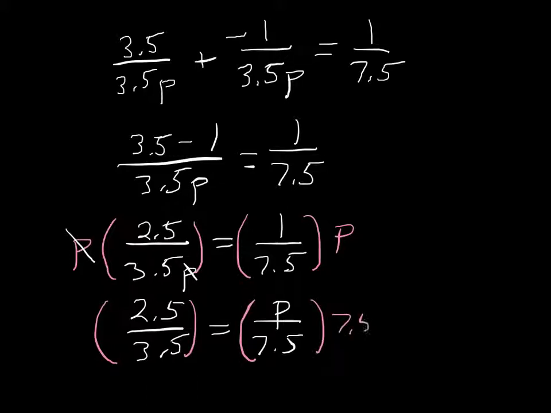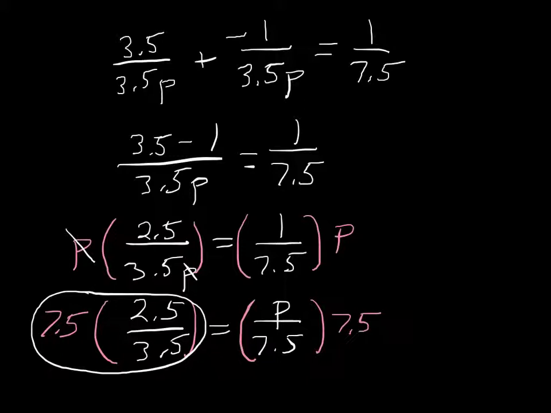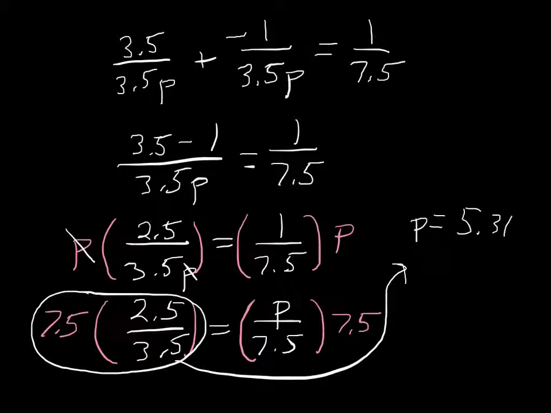So I can do that, multiply both sides by 7.5. And I can plug this whole thing into my calculator, and I will find the solution that we're looking for. I will find that p is equal to 5.36. And that's how you do part A.